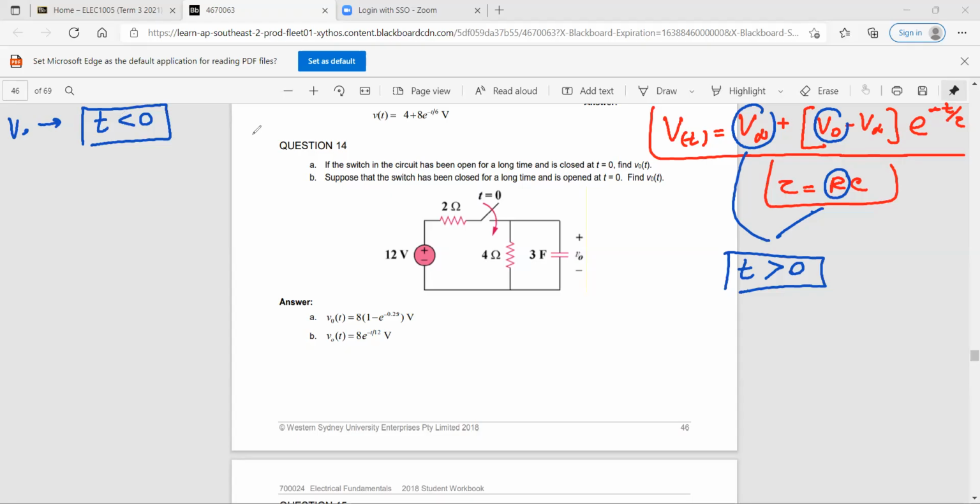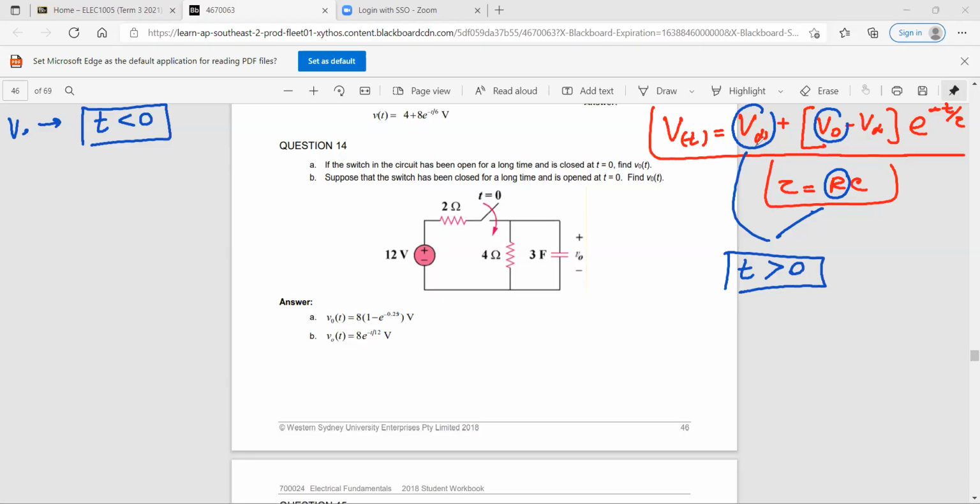How are we going, guys? Have you drawn the circuits? They are saying the switch was open for a long time.